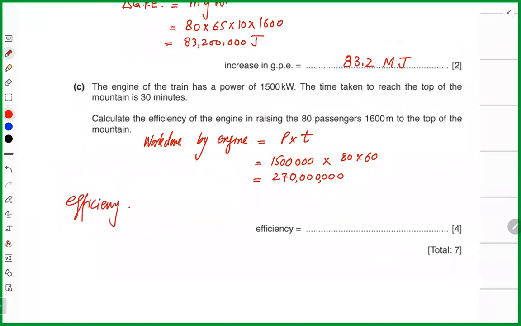Efficiency is the useful output, which is 83 million and 200,000, divided by 270 million. What do we get? 5 zeros cancelled by 5 zeros.